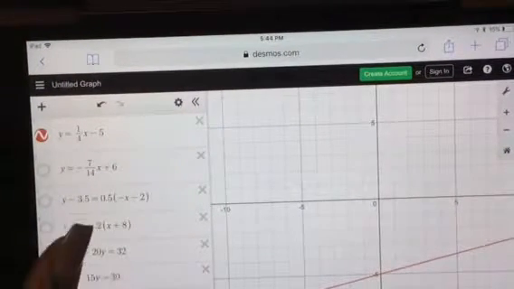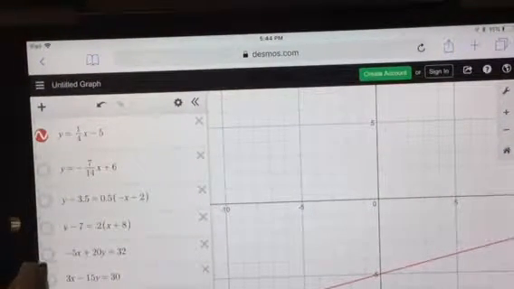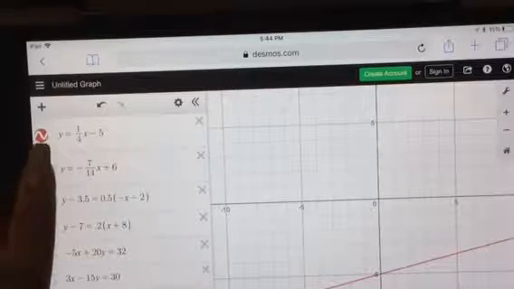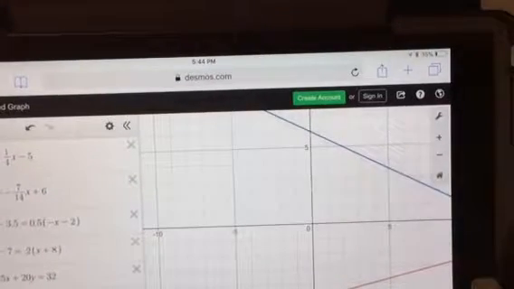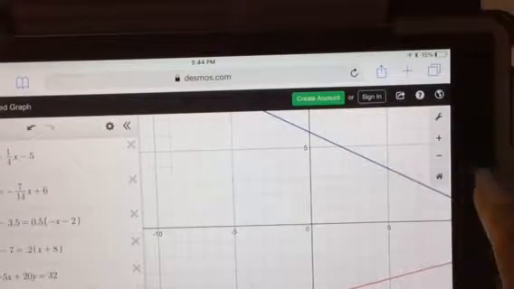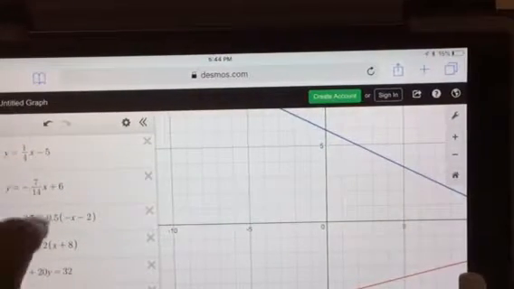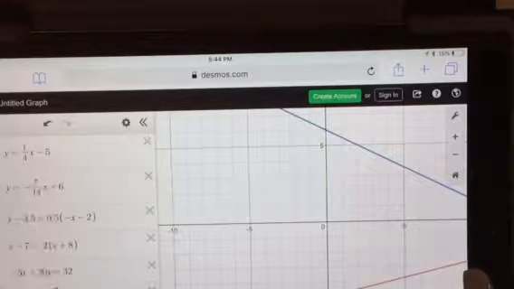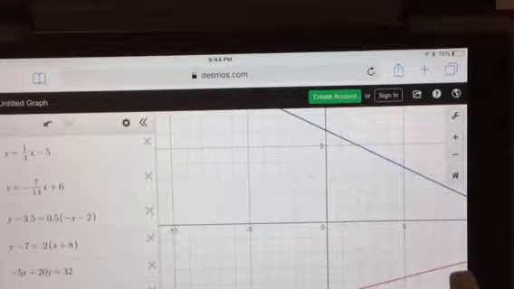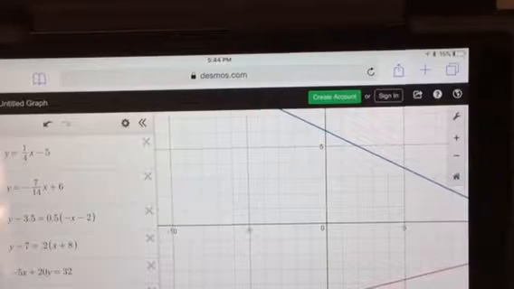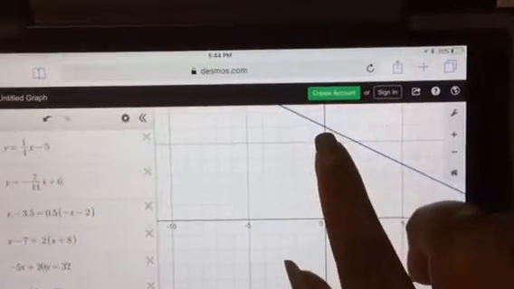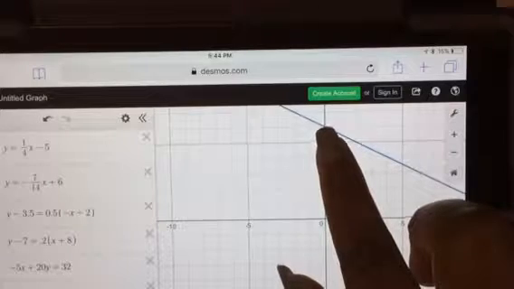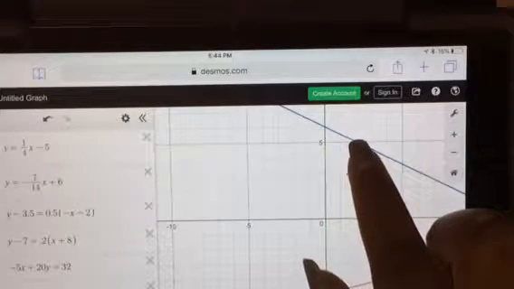The next one has a slope of negative 7 over 4. And let's see what happens here. It's negative, so the line is going down. So these two are not the same because they're not parallel to each other. Let's look at the slope of this one. Here's a point here, and here's a point here.